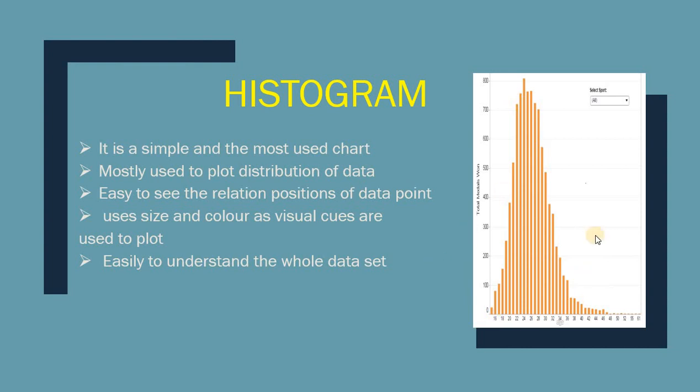We can use the histogram as one of the descriptive statistics to investigate. So we can easily understand it, and we can visualize all of the data at one point like this.